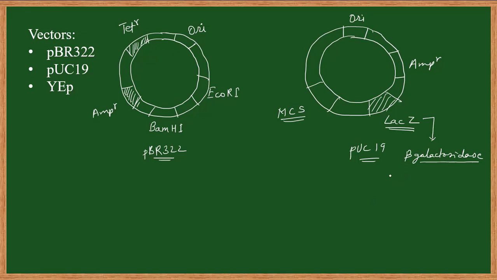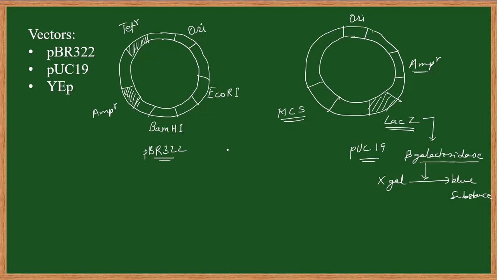In the medium we have to introduce X-gal. X-gal is converted into a blue substance in the presence of beta galactosidase. So this is also a selectable marker. And here is the MCS, the multiple cloning site, and one ORI. So this is the structure of pUC19.